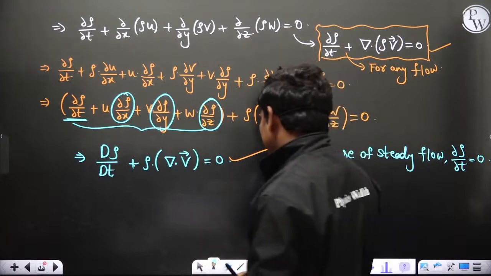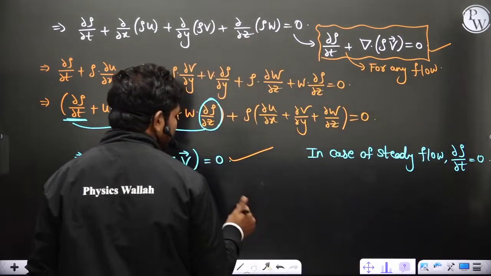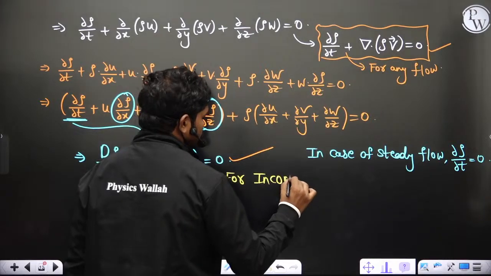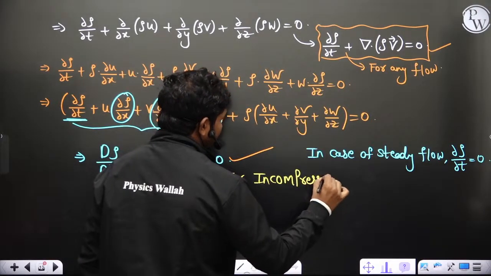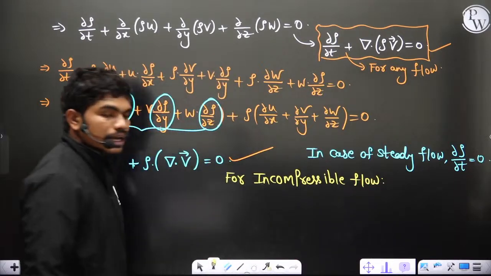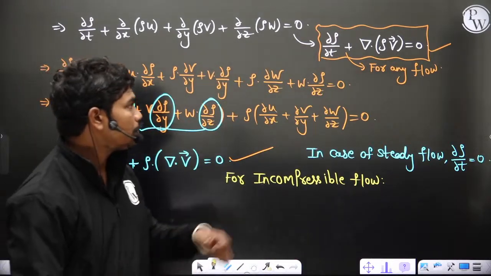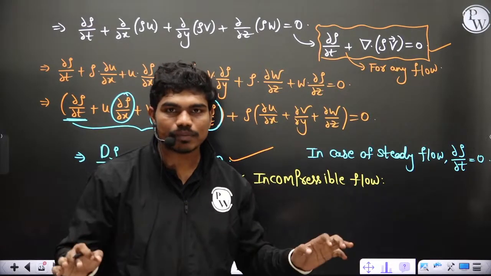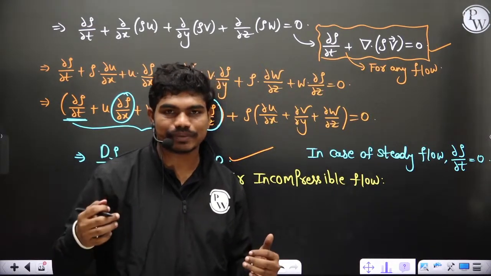Okay, so for incompressible flow, whenever there is a flow, the density variations in the flow are not at all present, with respect to time or position.